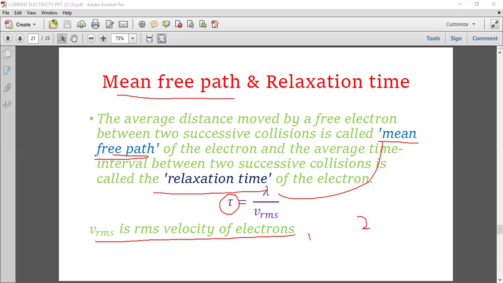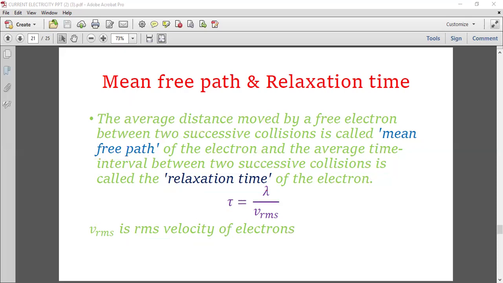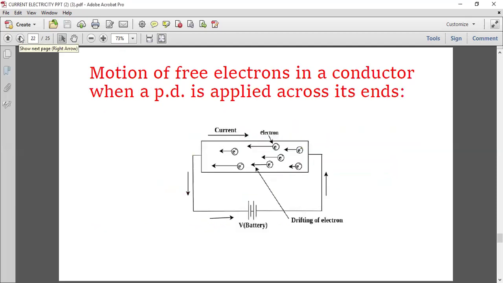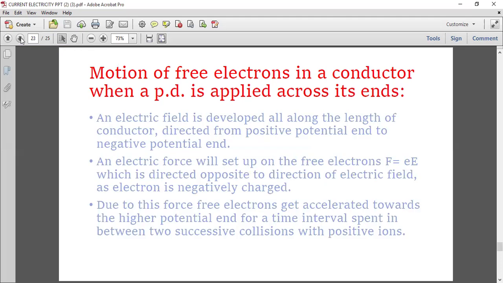Then there is one term, drift velocity. What is drift velocity? So you can see here. This already I explained. जब पोटेंशियल डिफरेंस लगाएंगे तो क्या होगा ये हमने ऑलरेडी बताया है. Free electrons will start moving from low potential to the high potential. These things already I explained.